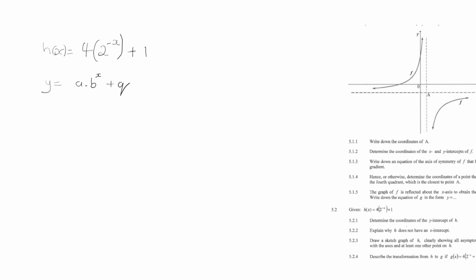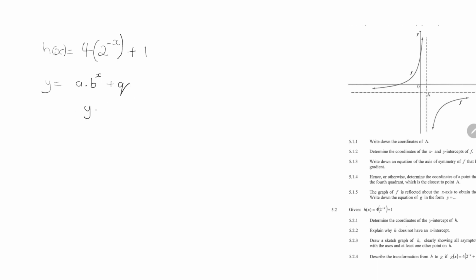So one thing we must note is that whenever we need to identify an asymptote, which is usually the horizontal asymptote on the exponential graph, we determine it using the q. So usually the horizontal asymptote is equal to the q.